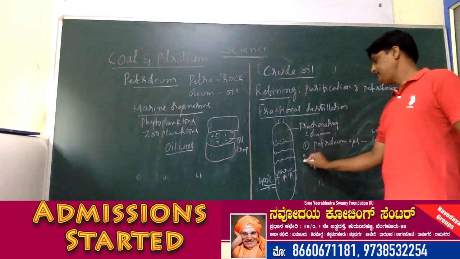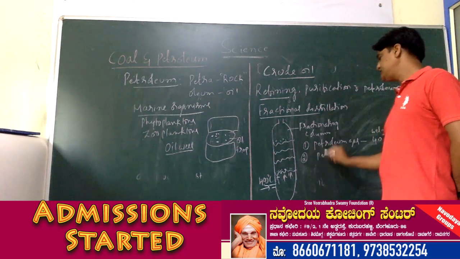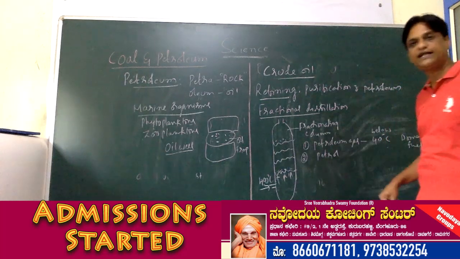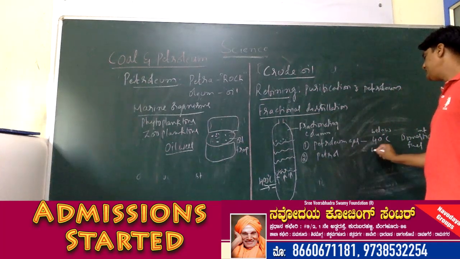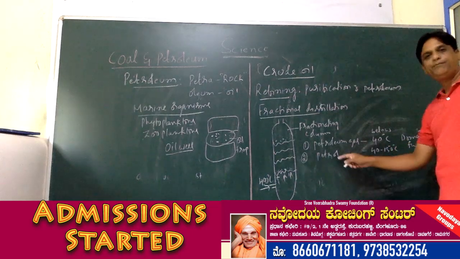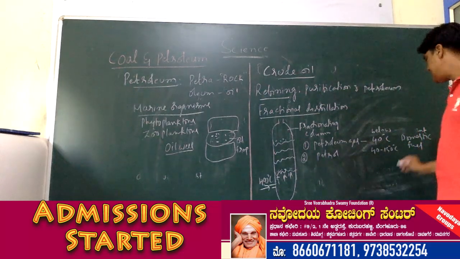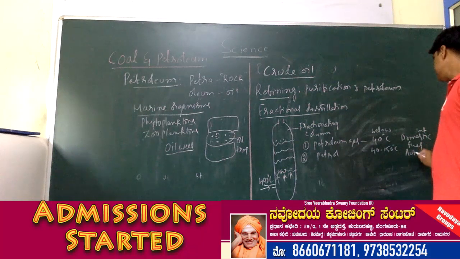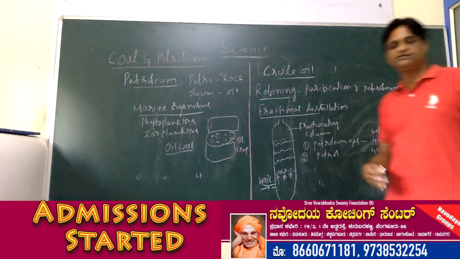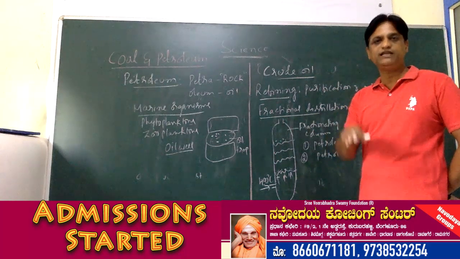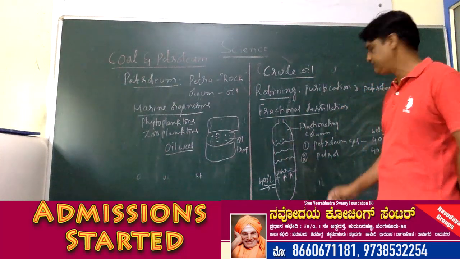Similarly, the second fraction which is obtained is called petrol fraction, and the boiling point range is 40 to 150 degrees Celsius. Petrol is used as automobile fuel. For lighter vehicles, 2-wheelers, 3-wheelers, 4-wheelers, petrol is used as fuel.